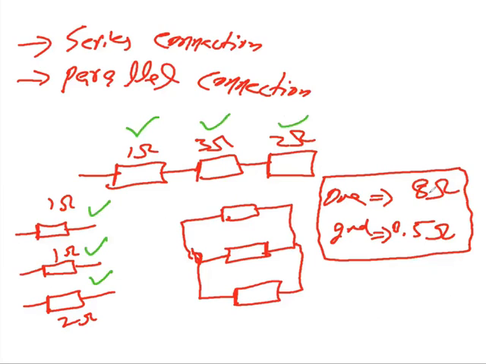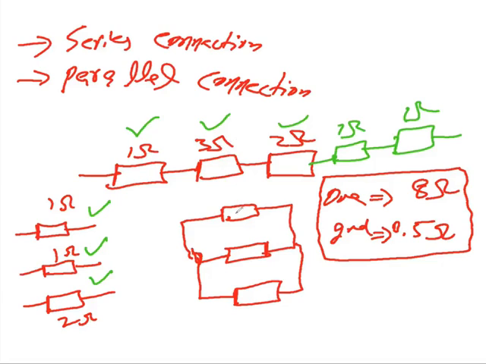Okay, but my requirement is 8 ohm, so I will make a series connection of 3, 4, 5, 6, then another to make 7 ohm, and then another to make 8 ohm. Or you can make it with 1, 2 ohm resistors. So a series connection gives you a resistance that will be greater than the greatest resistor. Always. Yes, always.